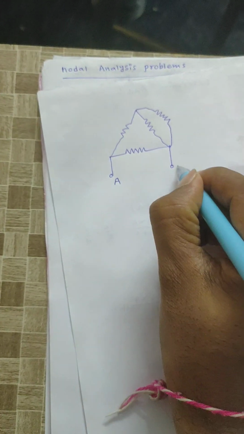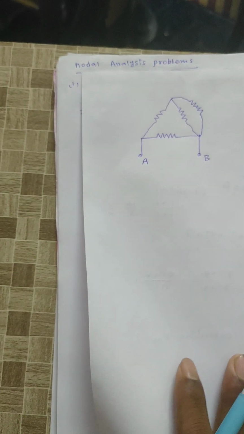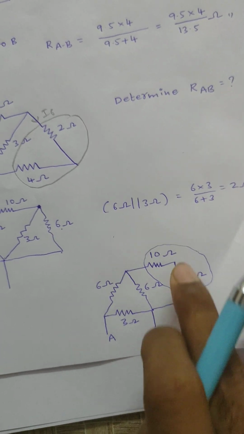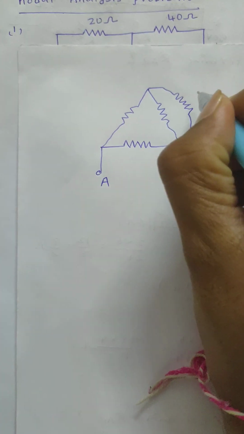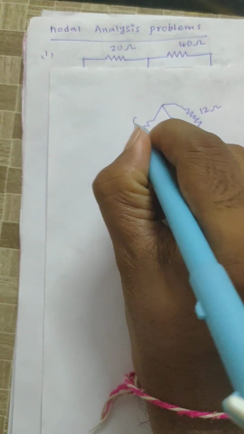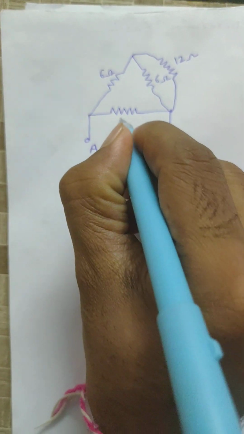Here I need to calculate equivalent resistance between these two terminals, right? This value will be 12. Two resistors are replaced by a single resistor. It is 6 ohm, it is 6 ohm, right? Here it is 3 ohm, right?